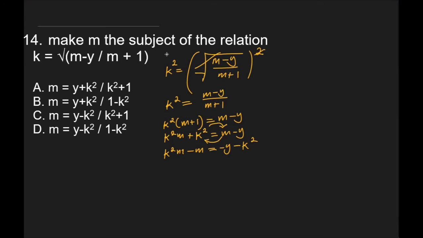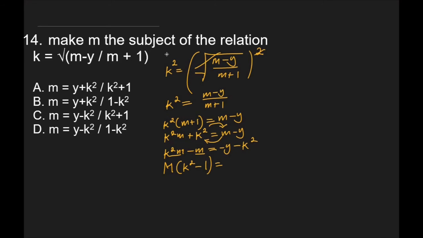So k squared m minus m can be factored out, and that will be m into k squared minus 1. Now if you factor out m from this, k squared will be left, and if you factor out m from this, 1 is left.